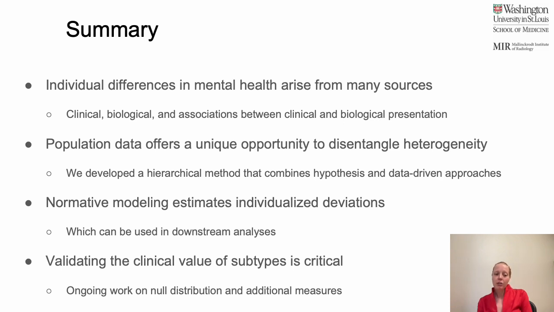And these deviations can then be used in downstream analyses in different ways. Of course, I showed you some preliminary results in terms of our biological heterogeneity, but we're doing a lot of ongoing work to validate the clinical value of these subtypes. And so we're working on null distributions and using additional measures for validation.